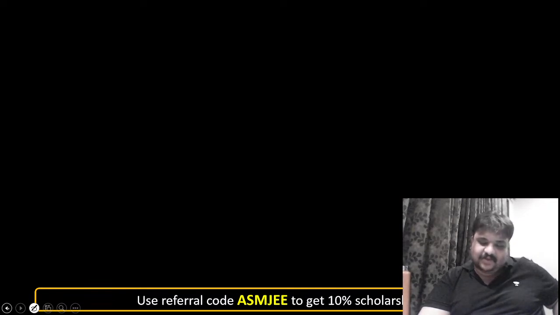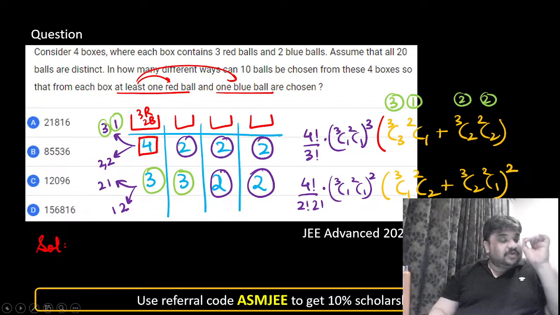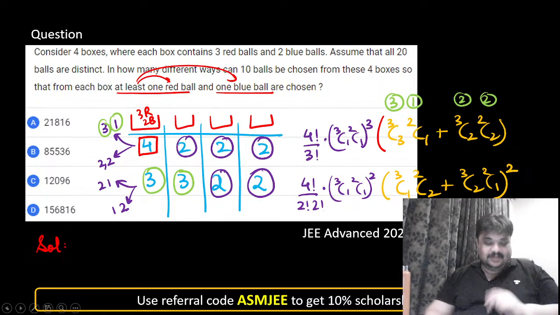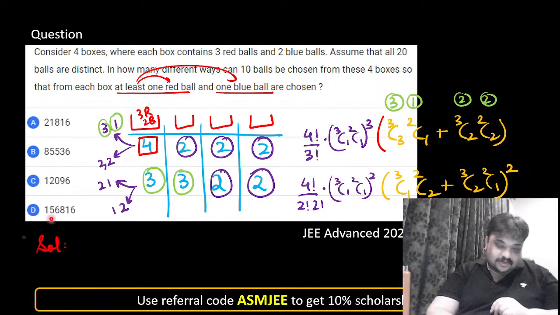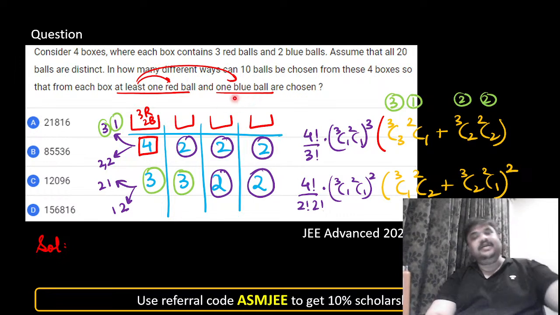Just calculate the answer. Is the answer coming? So SNS, I have taught that error. You are not allowed to select the same object twice. What you are doing, you are selecting these balls just to pick, and then you are allowing the remaining balls to come again.